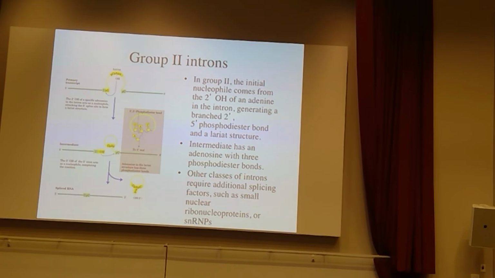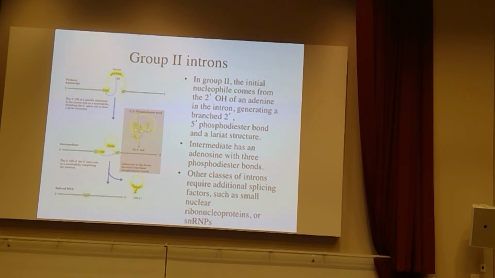A similar process happens for group 2 introns, but in this case, it's all intramolecular, right? So we need to break that phosphodiester bond at that upstream site, at that exon-intron junction. But now, in this case, it's actually going to be a 2' hydroxyl of an adenine residue right in the interior of the intron that's going to carry out the formation of that first ester linkage.